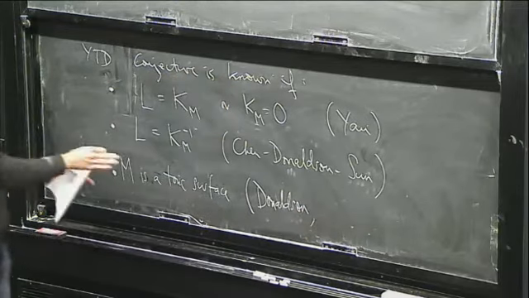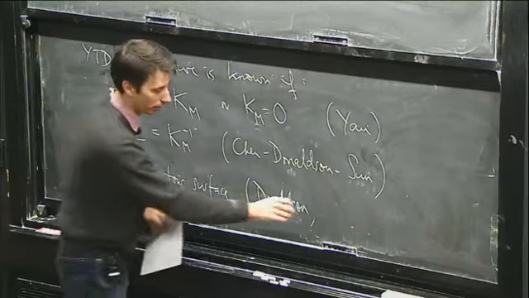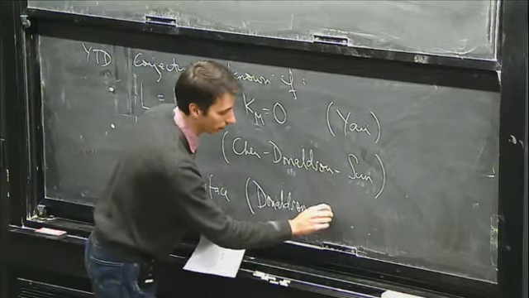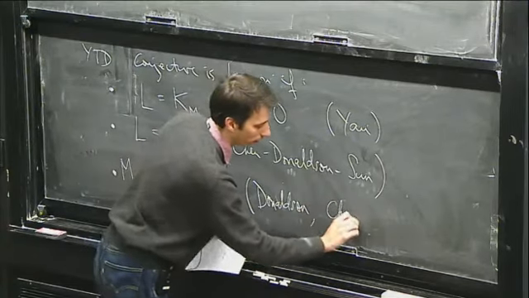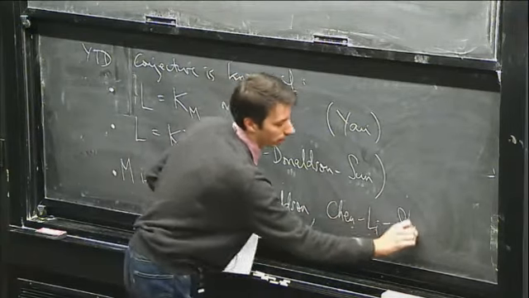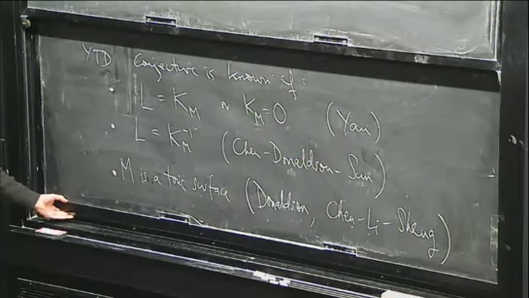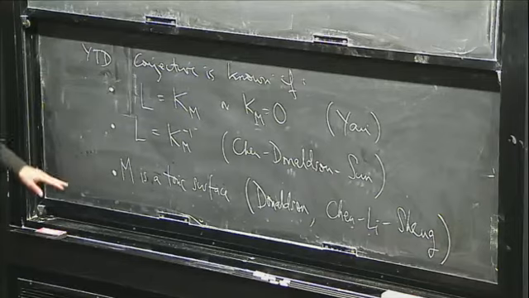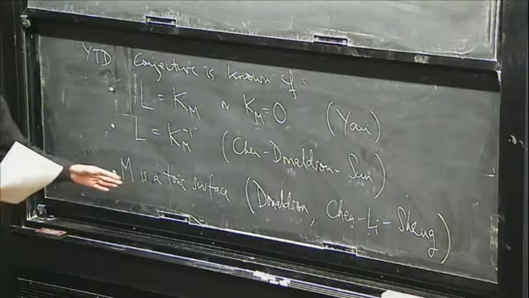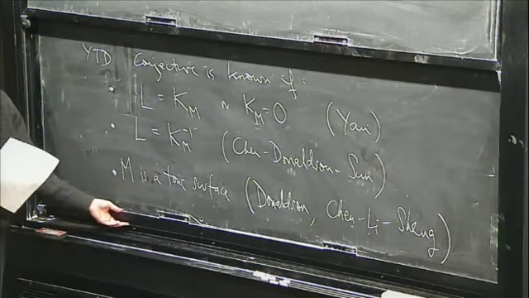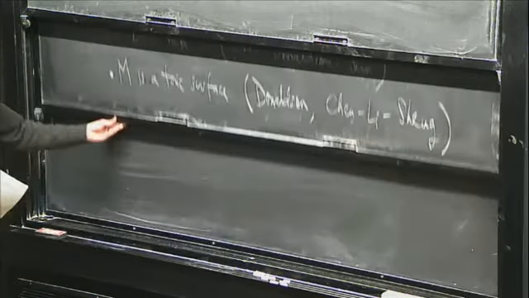And then with some mild extra assumption, the extremal case is due to Chen-Li-Sheng. I would say that pretty much every other case is open. The higher dimensional toric case is very much open.